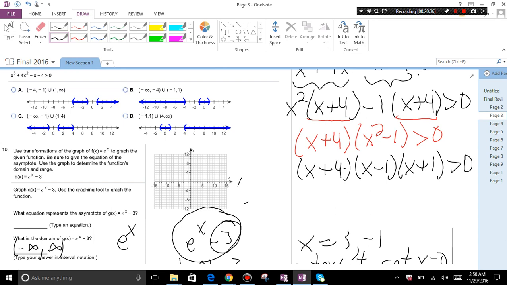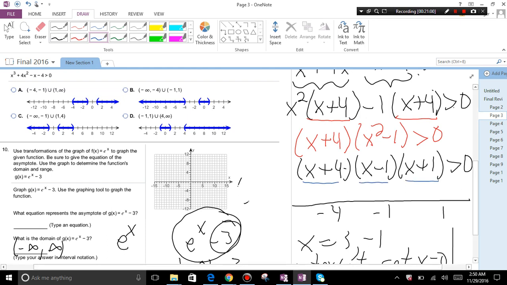Okay, so given that, you then create a number line with a -4, a -1, and a 1. The way that you get that is you take the opposite signs here. You set each one of these equal to 0, and you get -4, -1, and 1 when you solve.